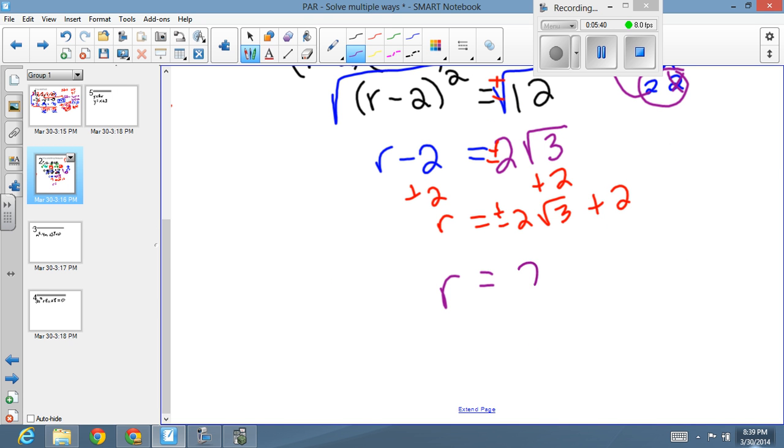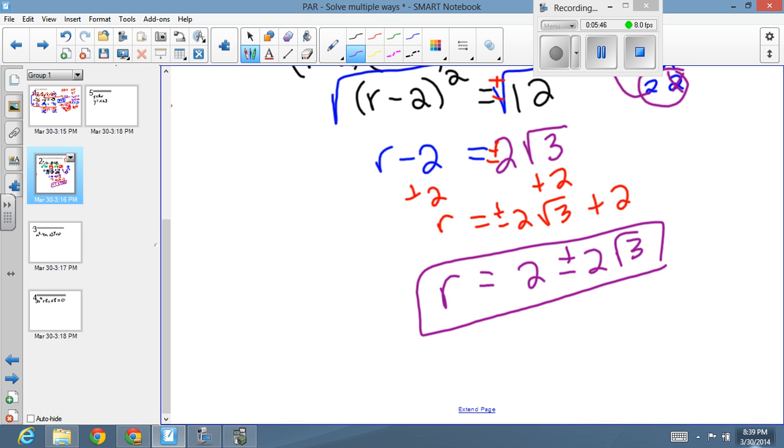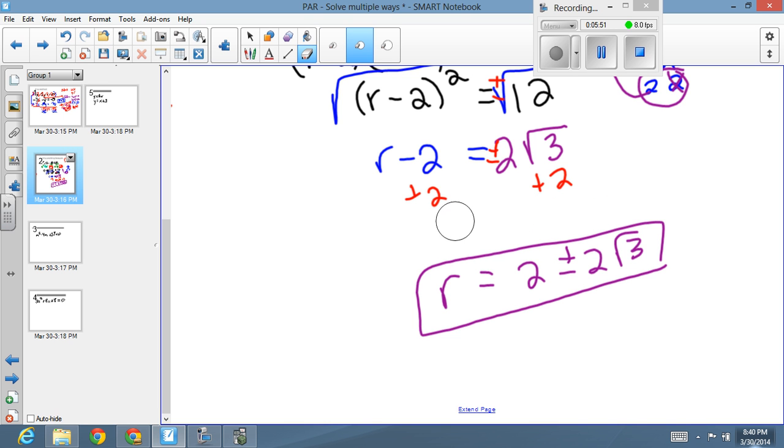Other times we wrote this as 2 plus or minus 2 radical 3. That's probably the better way to write it. That's the correct way, I'd say, to write a complex number. So let me just go up here. I'm going to erase that. And let's go with 2 plus or minus 2 radical 3.